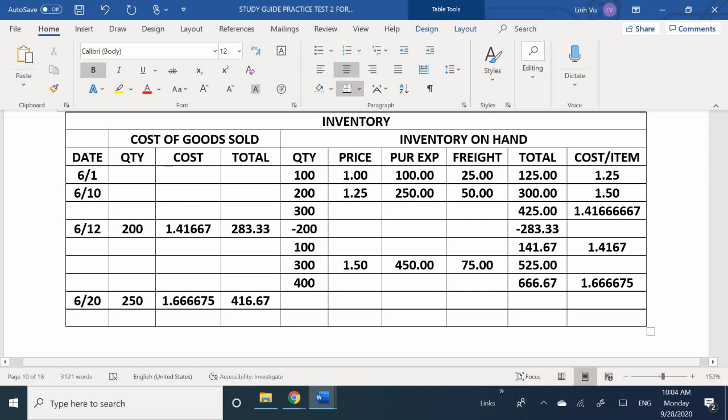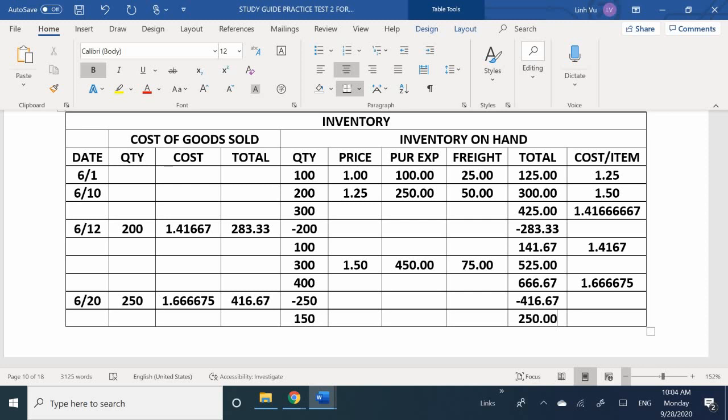416.67. Okay. And then you can also take the time to go ahead and subtract that out. So in this case, I'm going to subtract 250, which should give me a remainder of 150. And I am subtracting 416.67 to give me an even number of how much? 250. 250 even?